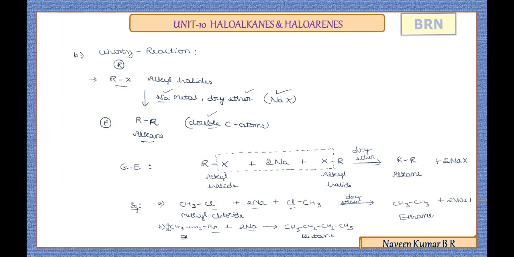And the reactant used is ethyl bromide, and a side product, that is a reactivity product with sodium, formed is, as the halogen is bromine, the halide formed is sodium bromide. So this is how the Wurtz reaction can be explained. So this way of representation will be more easy to represent the removal form. So this is another way of representing the equation. So you can prefer any one which you feel easy to practice.